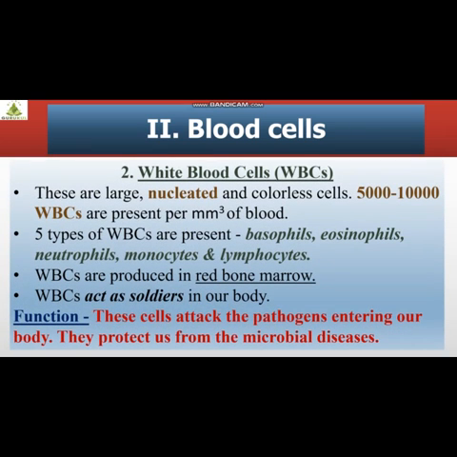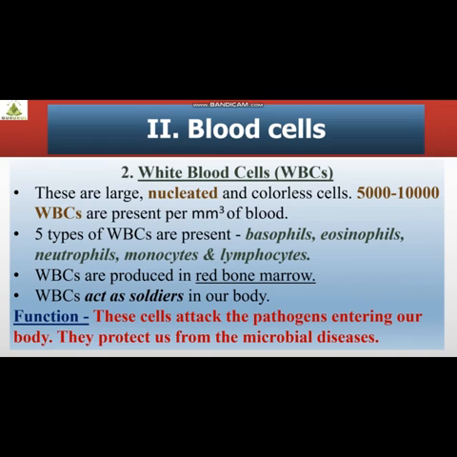Let us understand WBCs. WBCs are large, they are nucleated, means they have a nucleus. They are colorless, they are not red like RBCs. 5,000 to 10,000 WBCs are present per cubic millimeter of blood. Just remember the number, 5,000 to 10,000. Now, students, we have 5 types of WBCs.